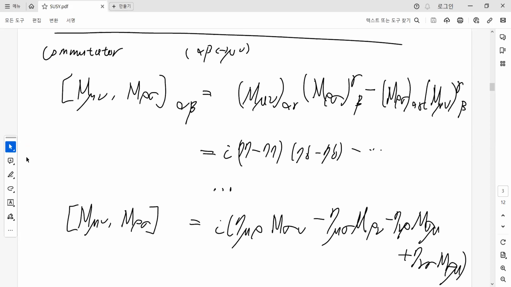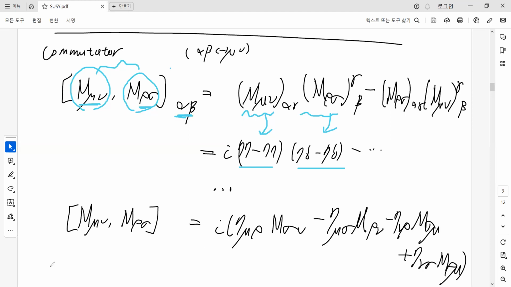First of all, I will exchange the indices. Alpha beta is now the matrix element, and mu and sigma are the indices for the generator, so different kinds of generators. If we calculate the commutator relation between the M mu nu generator and itself, using the explicit form of the generators M mu nu and M rho sigma, it is expressed by the Minkowski matrix and the Kronecker delta.